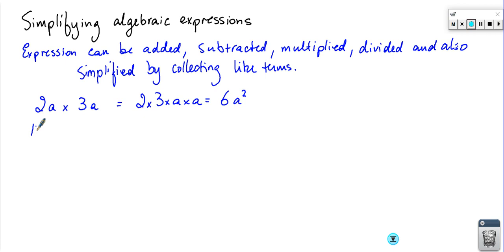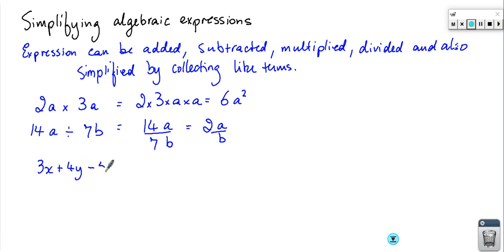Let's say we have 14a divided by 7b. That means 14a on 7b, but 14 is a multiple of 7, so it's 2a on b. Let's say we have 3x plus 4y minus 5y plus 6x.